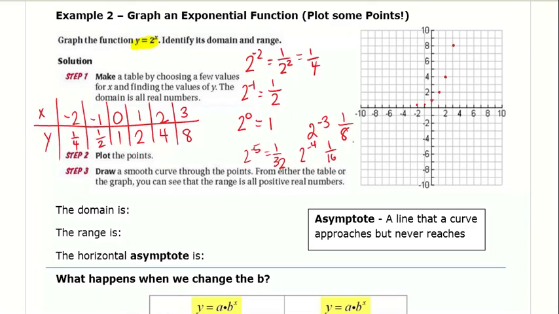So our y values would get smaller and smaller and smaller as we go this way to the left across the graph. But there's no way to get 2 to some power to be 0. So when we graph this, we're going to do our best to connect, and as we graph, we're going to show that it's going to get really close to 0, but it's never going to cross that axis.